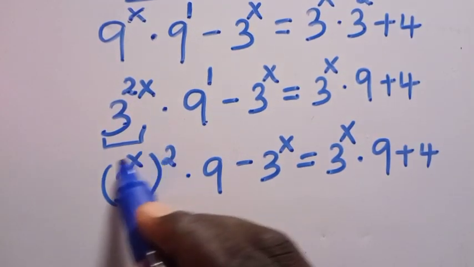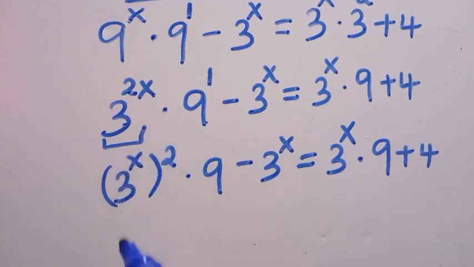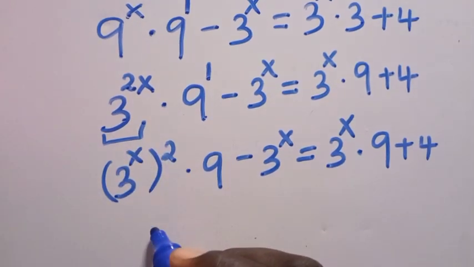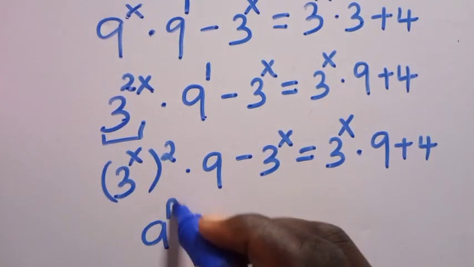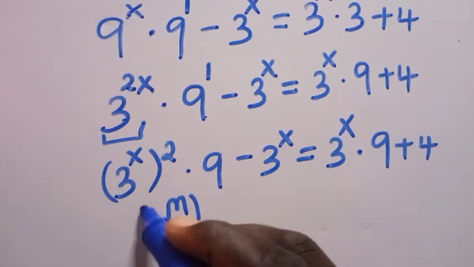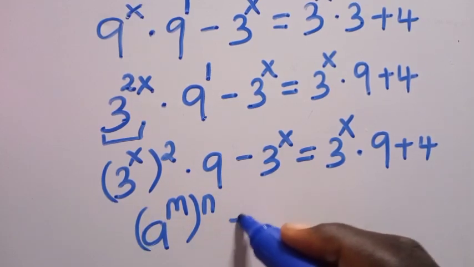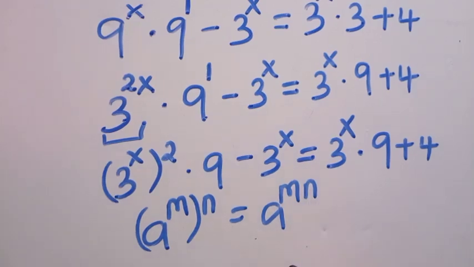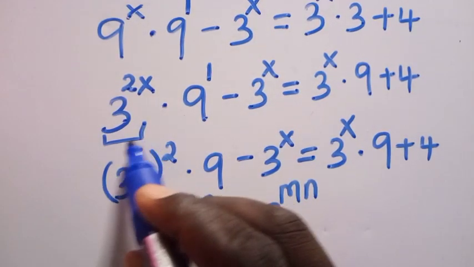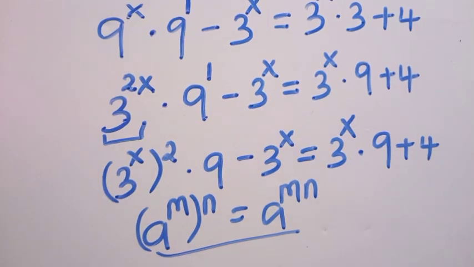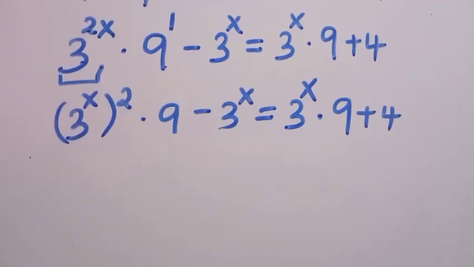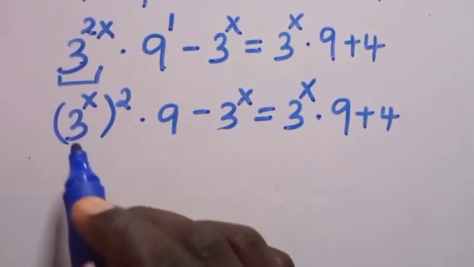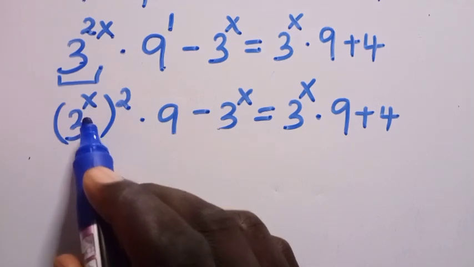The law that we have used here is just the law of indices that says a raised to m, then raised to n is just the same as a raised to mn. This is the law that we have used here. Now, we can therefore substitute 3 raised to x with y.